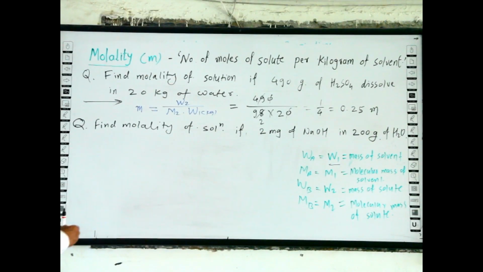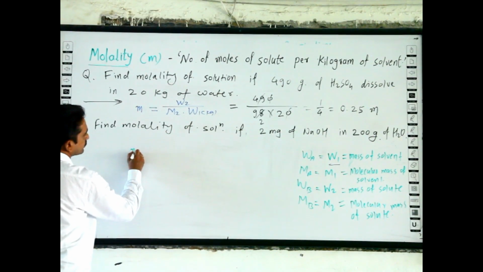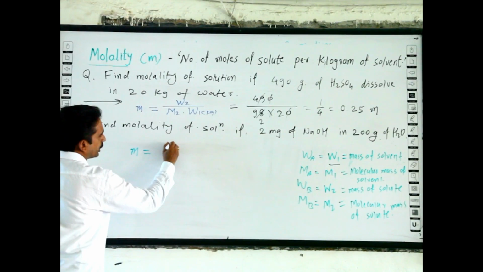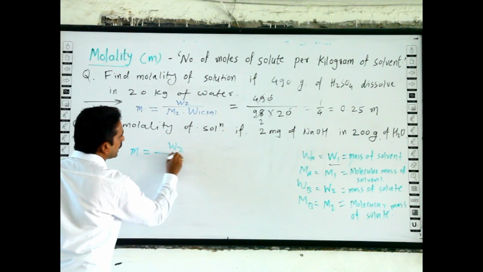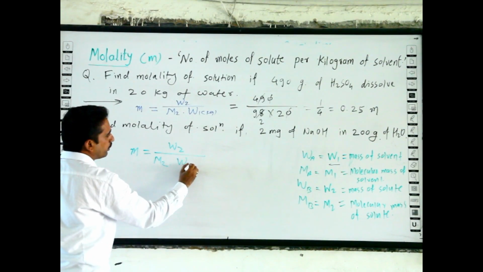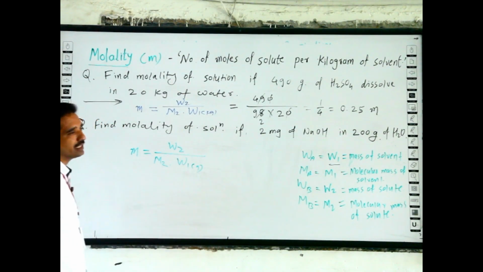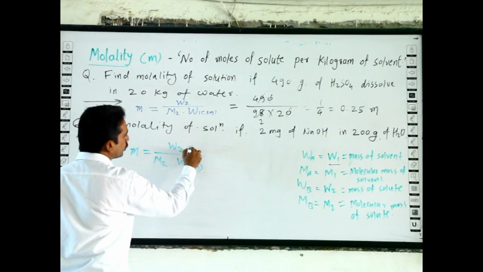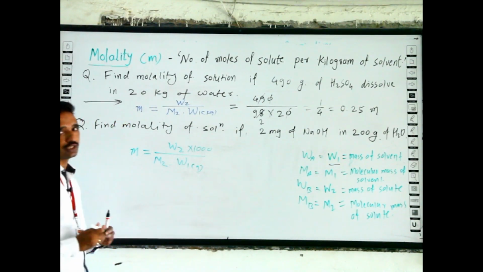m is equals to W2 divided by M2 into W1. If the value is in gram, then we have to multiply by 1000.